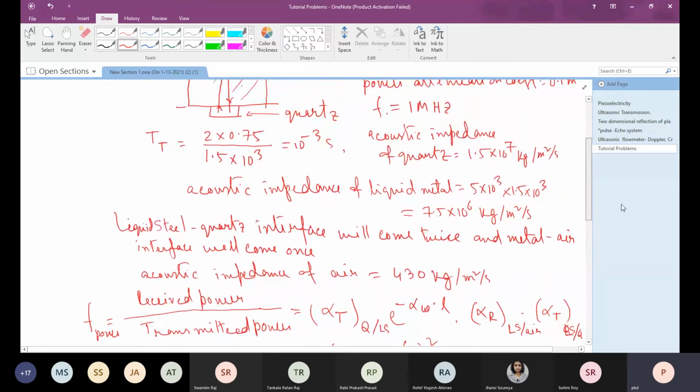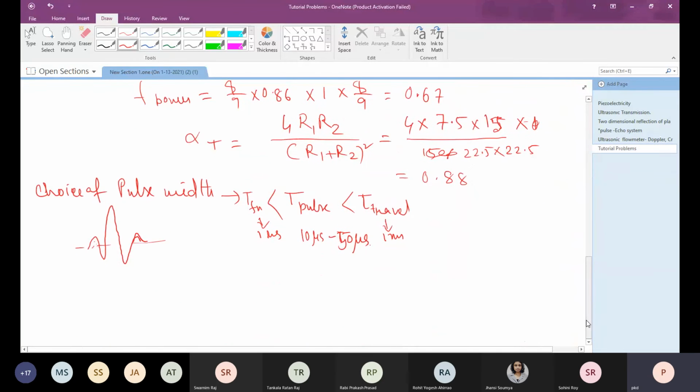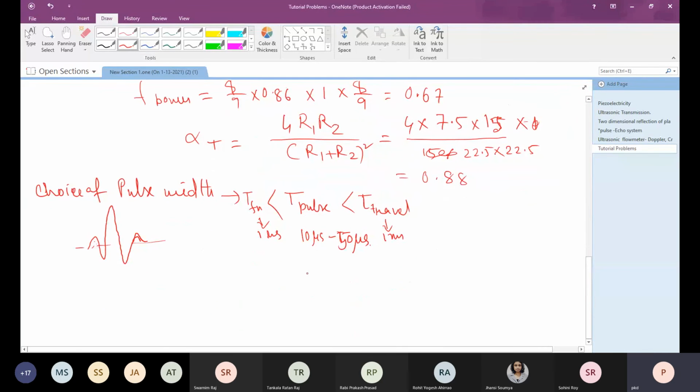The velocity is 1.5 kilometer per second. Is it per second? Yes, 1.5 kilometer per second. So this will give a depth resolution.